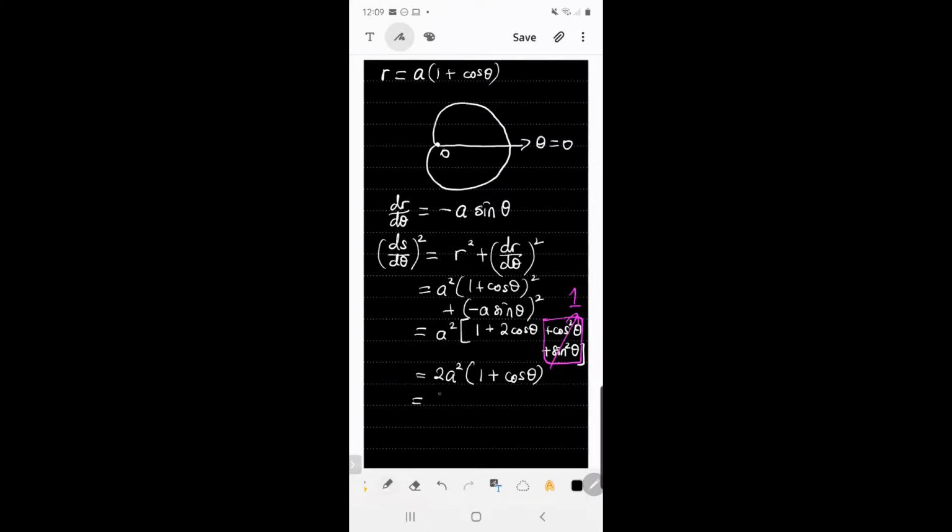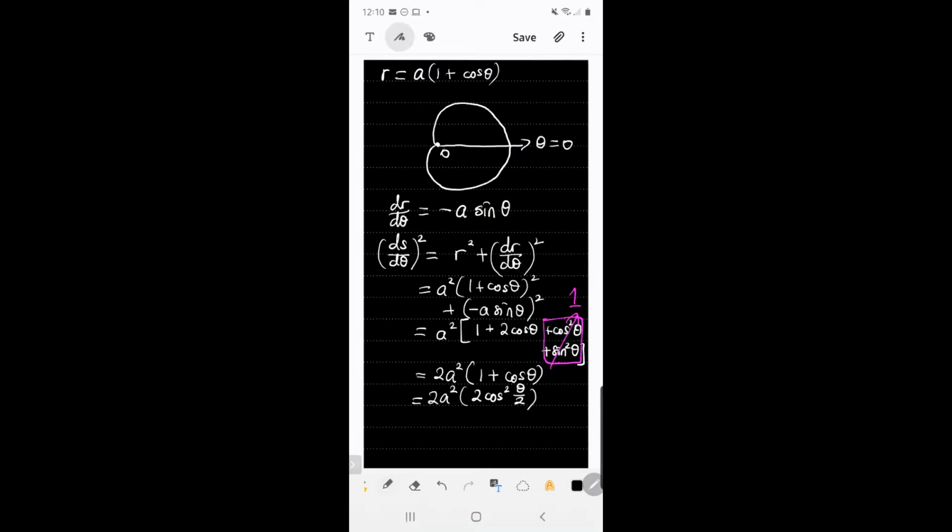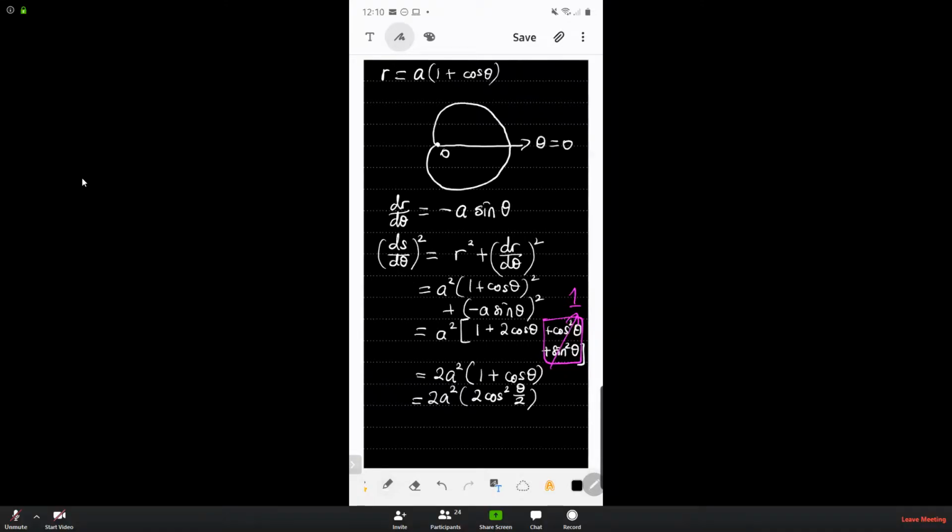So that means you have 2a². Then 1 + cos θ actually gives you 2cos²(θ/2). Right? Double angle formula, or you call it the half angle formula. So therefore now I have 4a² cos²(θ/2).